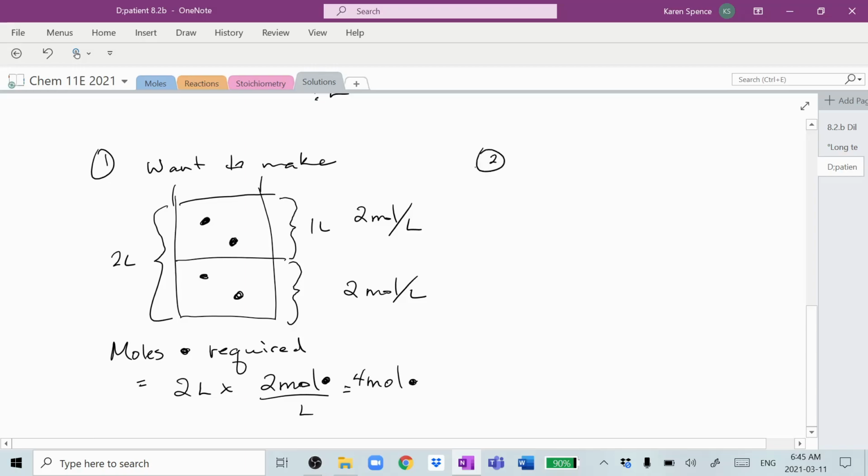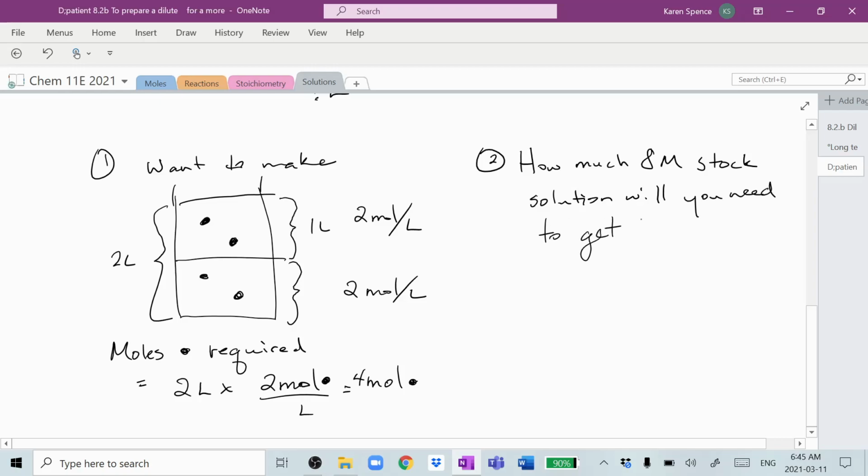Step 2, how much 8 molar stock solution will you need to get those 4 moles of dots?